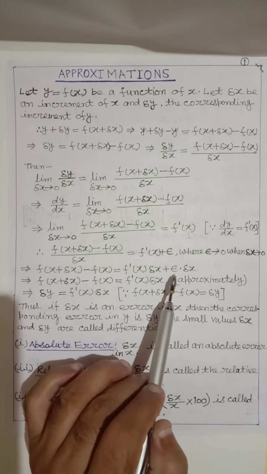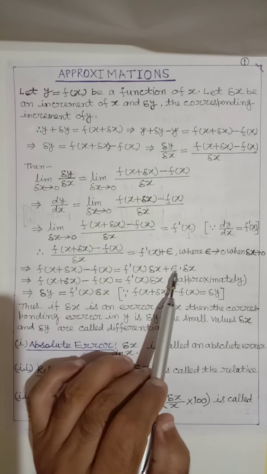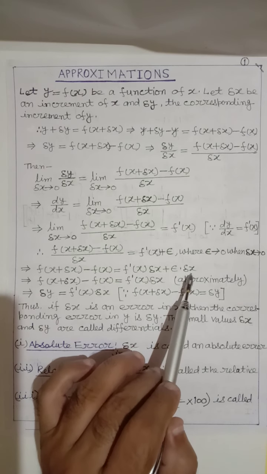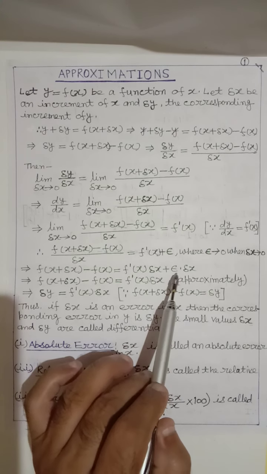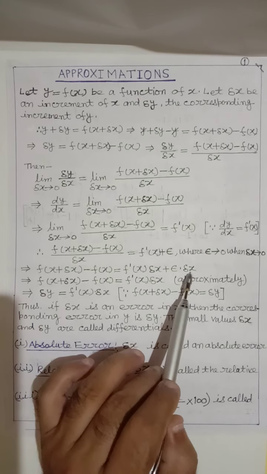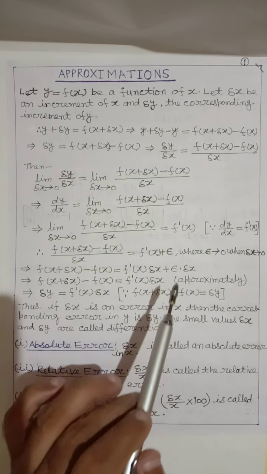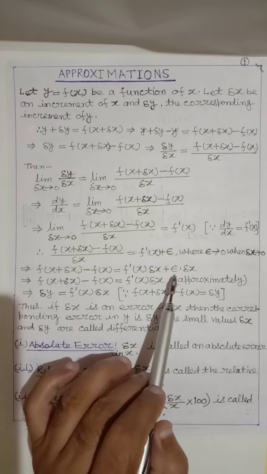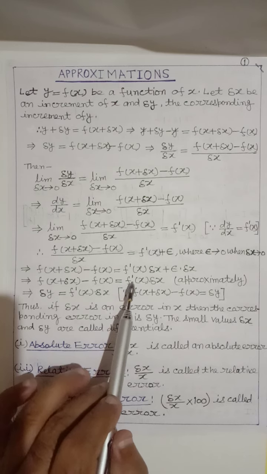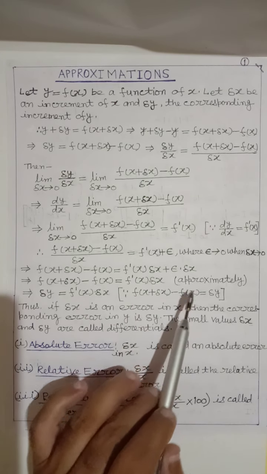Dear students, here epsilon tends to 0 as well as del x when del x tends to 0, means these two values are very small, and the product of these two values will be very small that we can neglect here. So we can write f dash x into del x approximately.